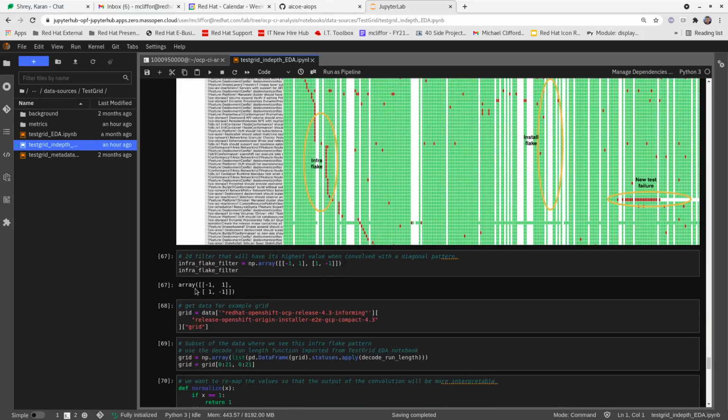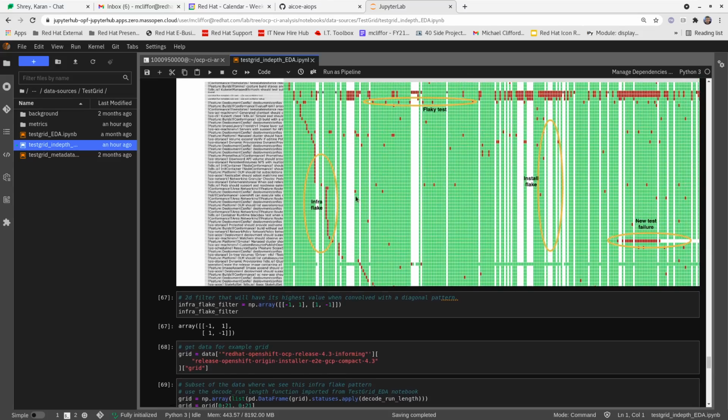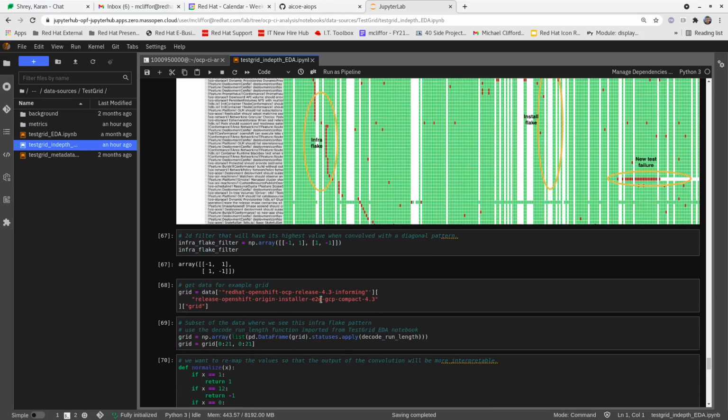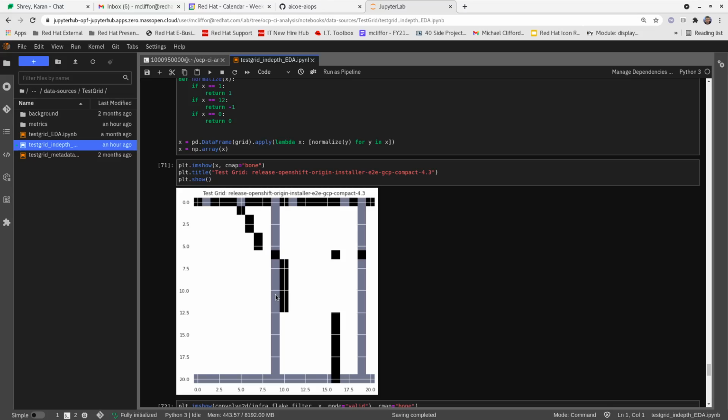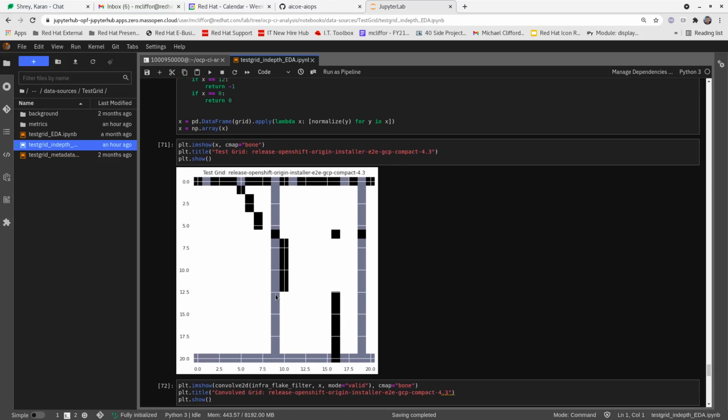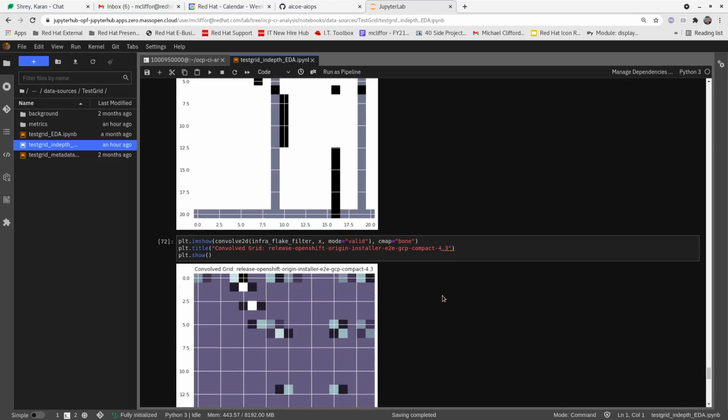So we'll create a filter that will try to identify this type of infrastructure flake by having these diagonal failure patterns that we want to identify. So we can go ahead and apply this. And this is a grid where the black values indicate where the convolutional filter was activated the most, and indicates places where some of these infrastructure failures are most likely to have occurred.